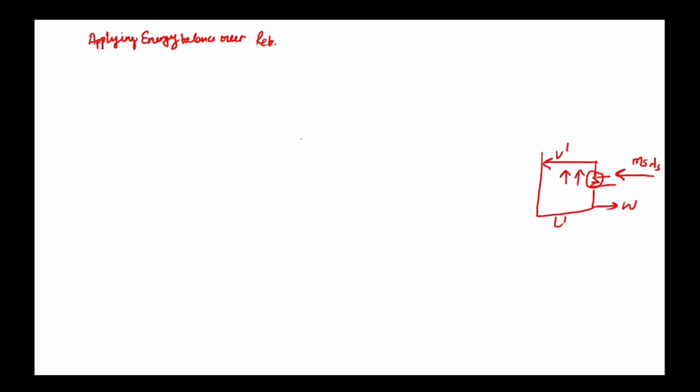Nothing else is coming, so applying the energy balance, we have straightforward ms lambda s is equal to V dash lambda L. This heat we are putting in and this heat we are getting out in the form of vapor.